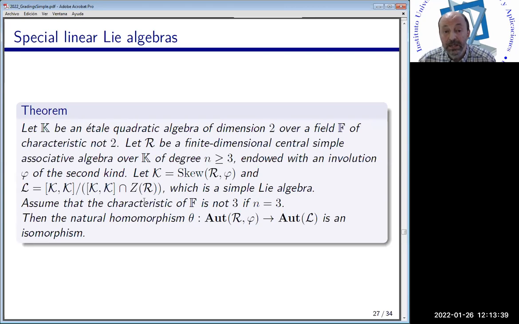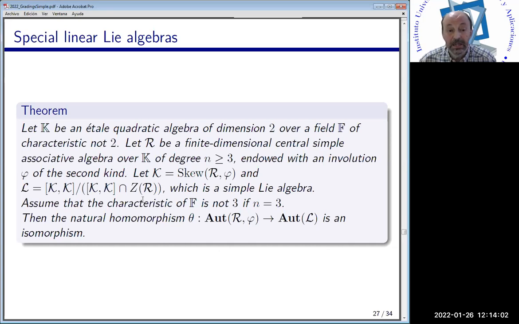Now, if we take the skew symmetric elements with respect to the involution, we have the Lie algebra, but in general it may fail to be simple. So in order to get a simple Lie algebra, we have to take first the derived subalgebra, and then take the quotient by the central part of the derived subalgebra.